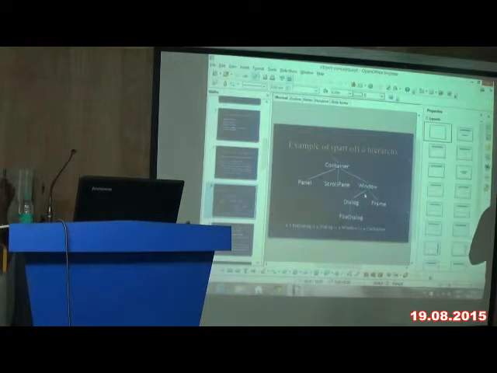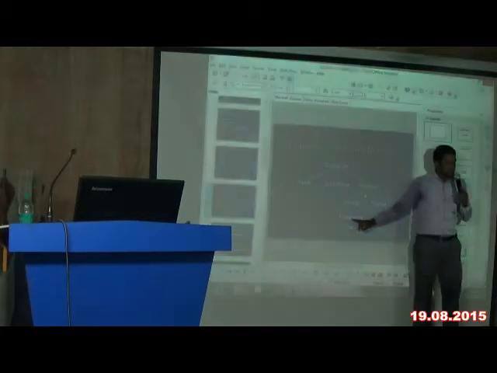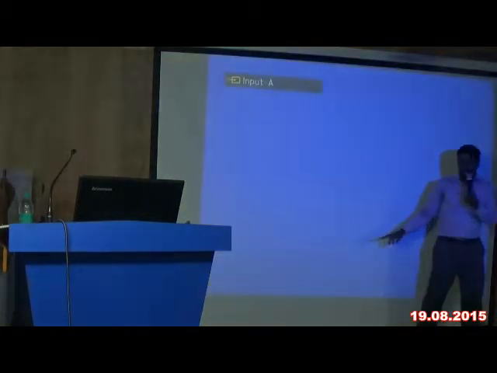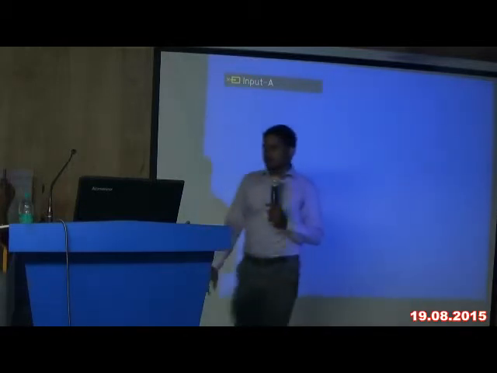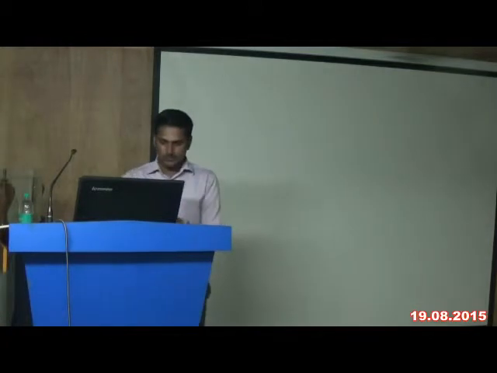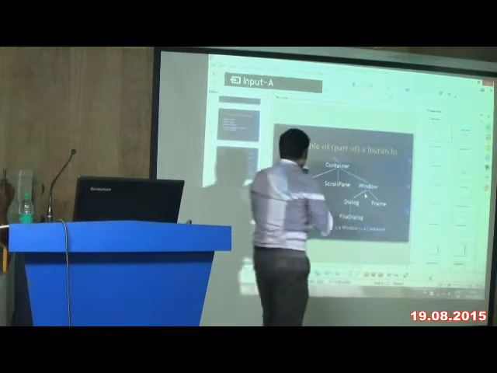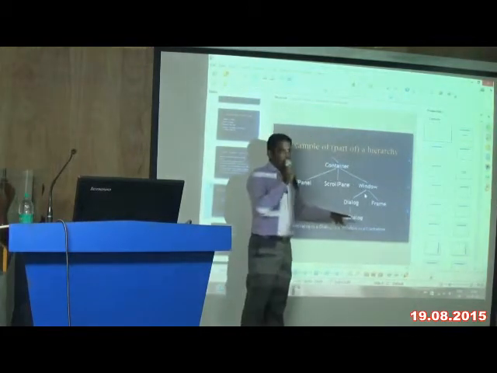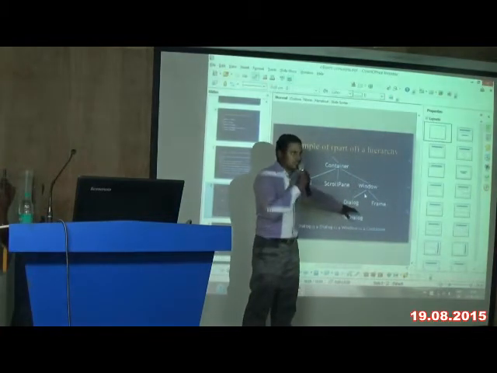What is the key problem? When I am creating an instance of file dialog, when I am creating the object of file dialog, it should have the capability of identifying the references.